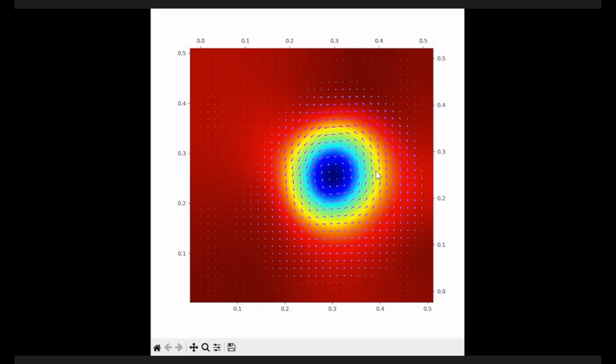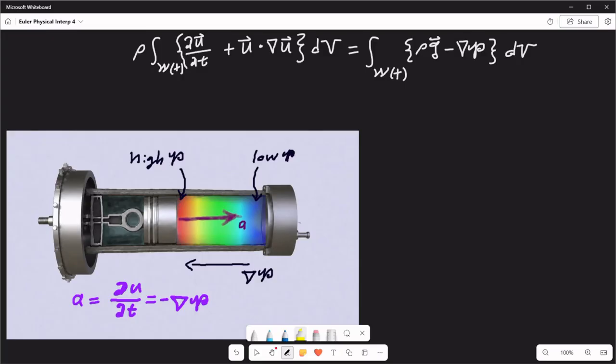That pretty much brings us to the beginning of the next topic, which is the discussion of the pressure gradient. So the next term in this equation is the one right here. So this is the pressure.